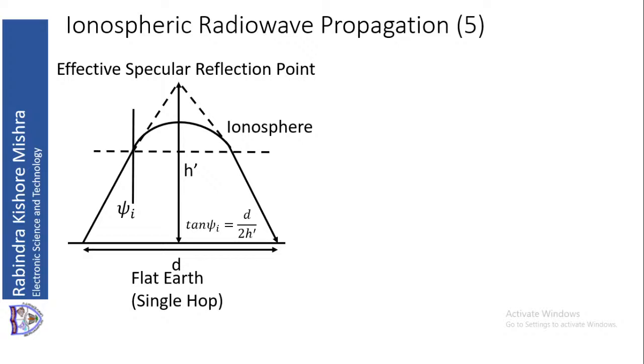So if the total distance is D, the height h dash is measured from the center of the hopping point, which is D by 2. Then from that to the receiving point, it is again D by 2. So with h dash and D by 2, we have a triangle. Now you can see that we have got a right angle triangle. In this right angle triangle, the angle psi I is given to us.